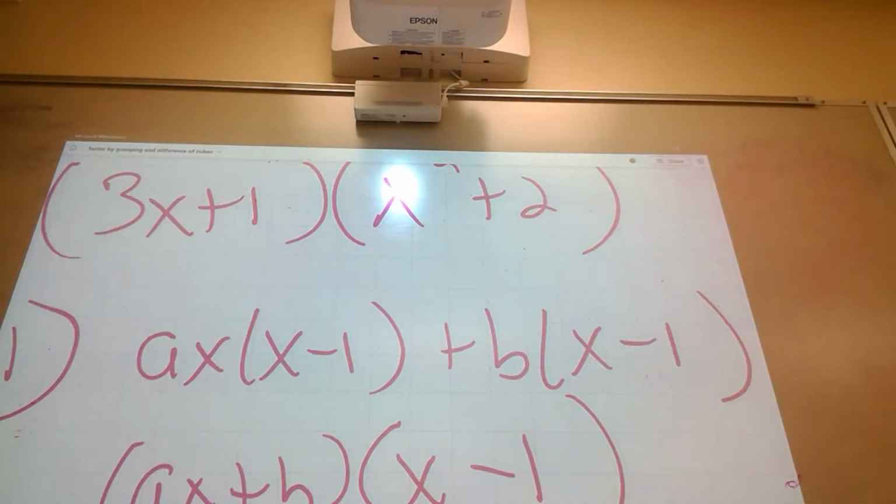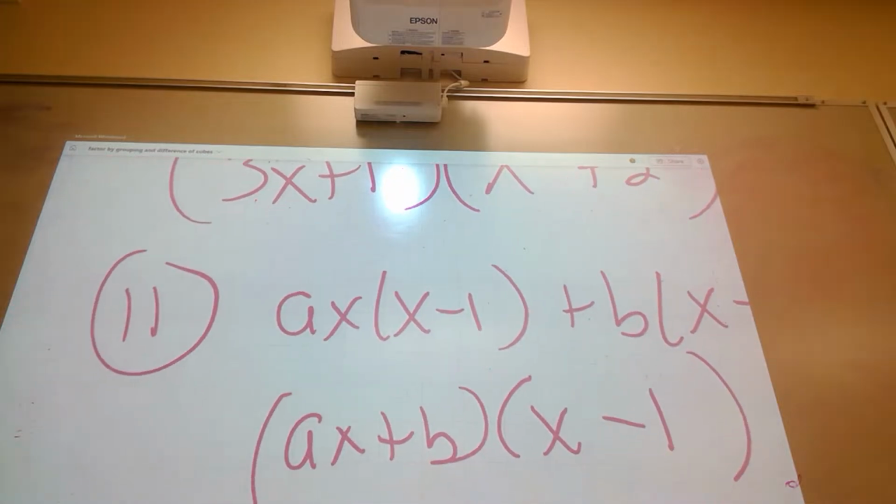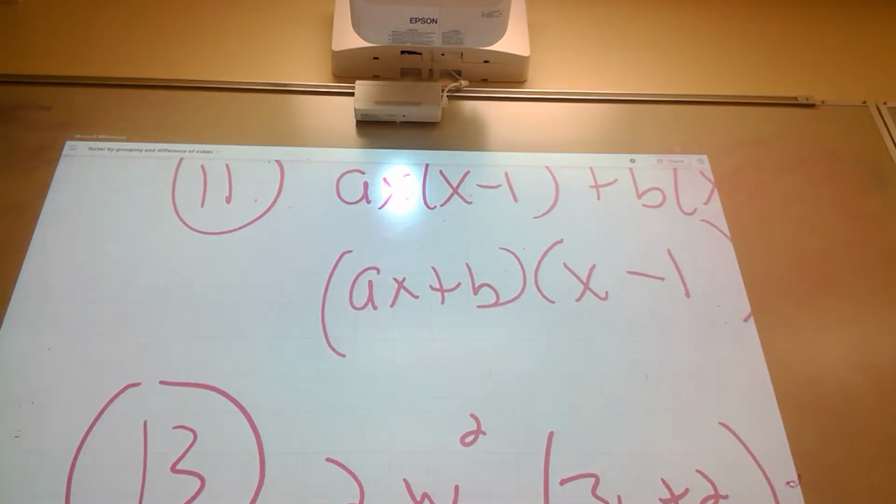We pull out a 2w squared, so we have 3w plus 2 left, so we know we're looking for 3w plus 2 in the next one. Since they're both negative, you know you're going to have to pull out a negative. So we get 3w plus 2.